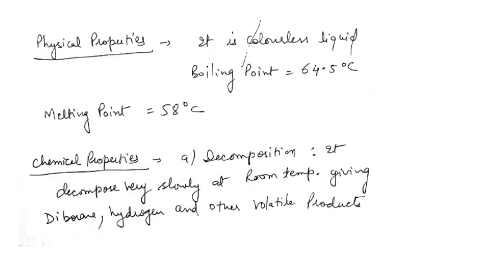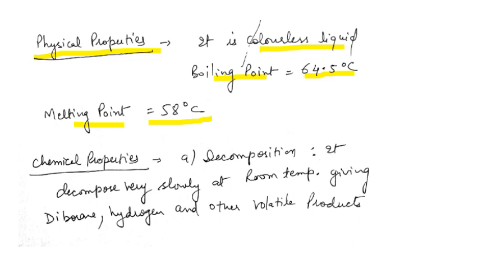Now we see its physical properties. It is a colorless liquid. We have the boiling point 64.5 degrees centigrade, and the melting point is 58 degrees centigrade. So it's a colorless liquid with this boiling and melting point.